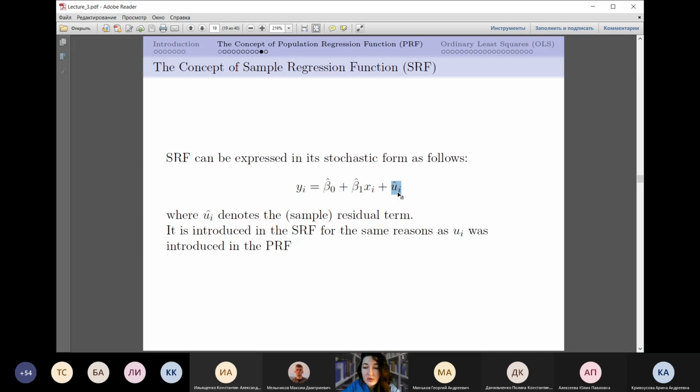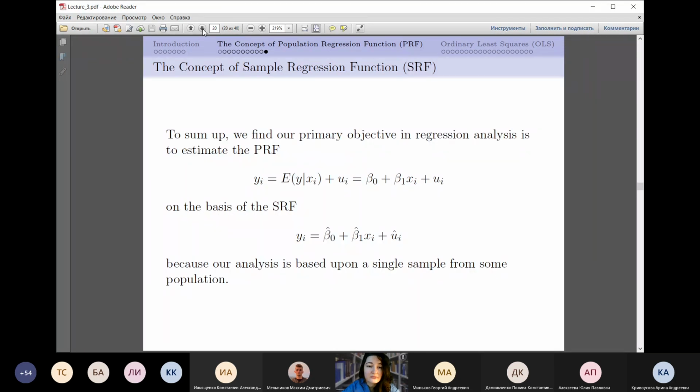And the reasons why we should include this residual term are absolutely the same as we've just discussed in the population regression function. So let's sum up the main idea.